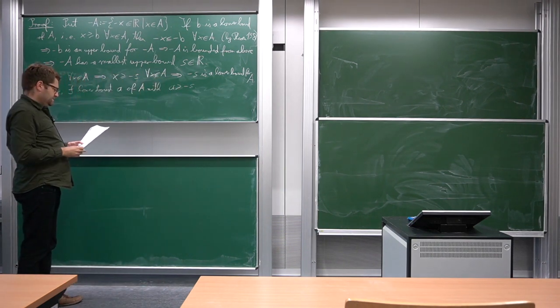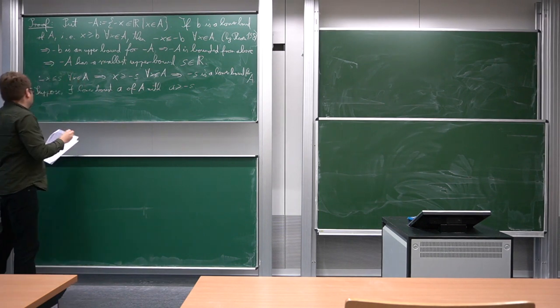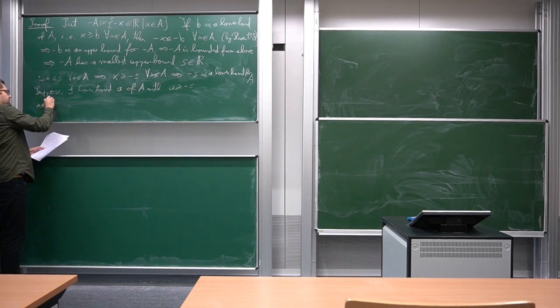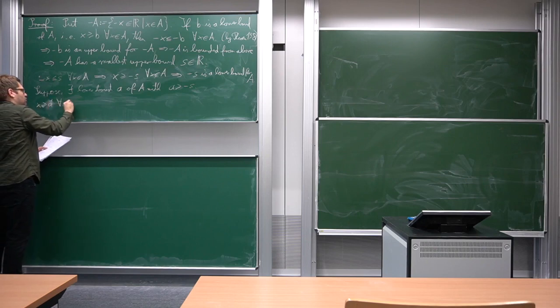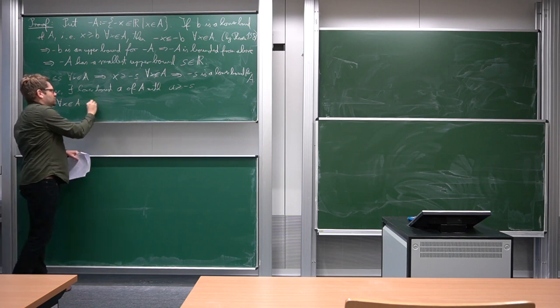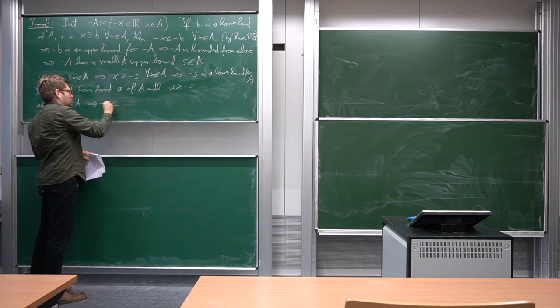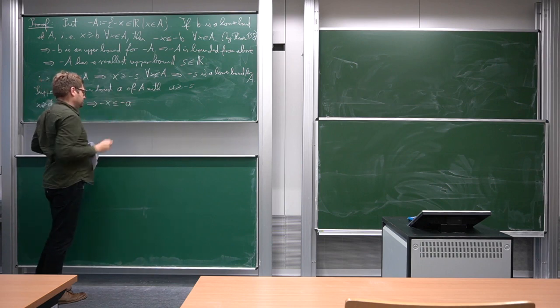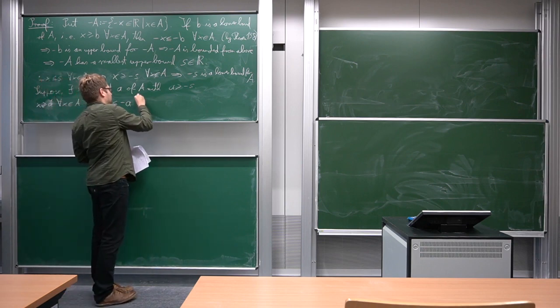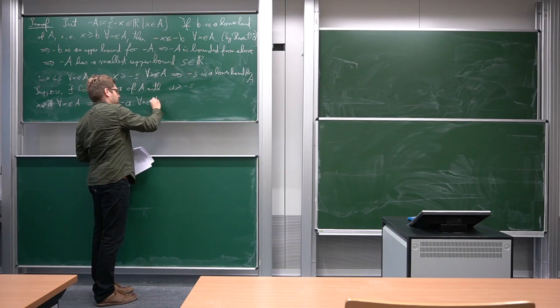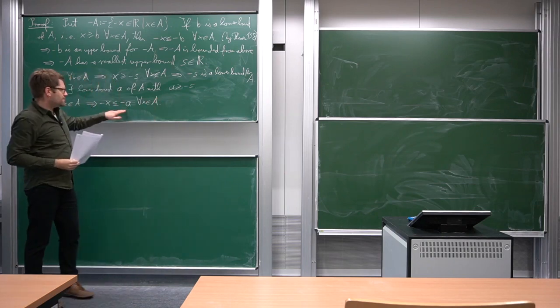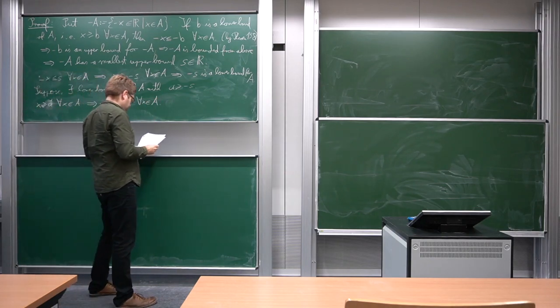Since this is a lower bound, we know that x is bigger than or equal to small a for all x in A, which in turn means, by this sign flipping again, minus x is smaller than or equal to minus a for all x in A. So minus a is an upper bound for minus A.